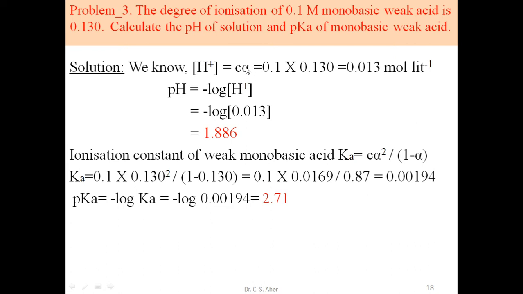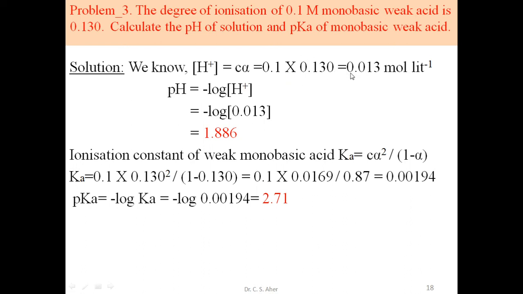C is the concentration, alpha is the degree of ionization. So the concentration C is 0.1 and the degree of ionization alpha is 0.13.